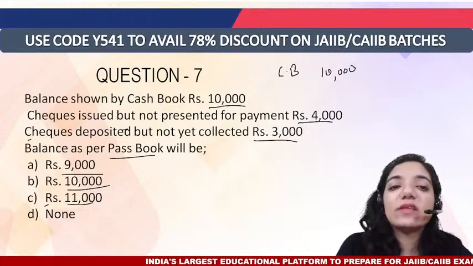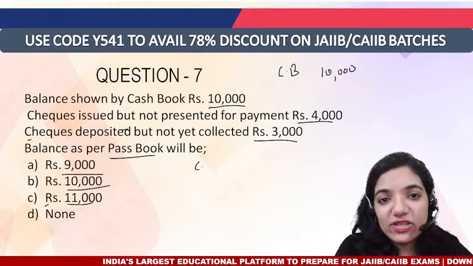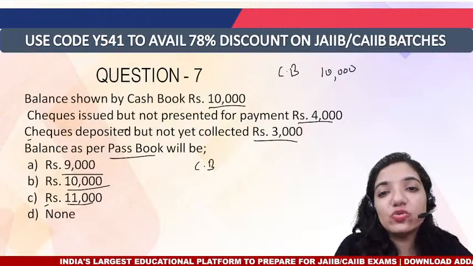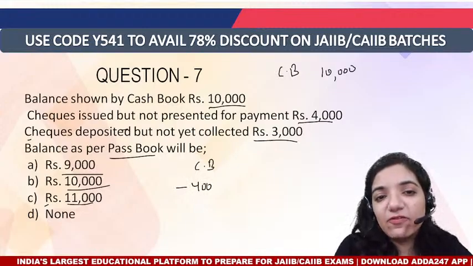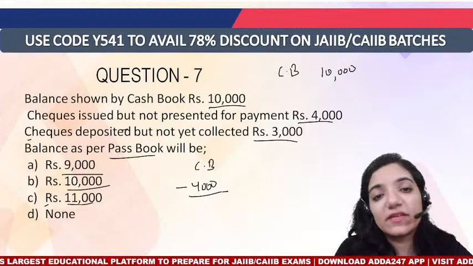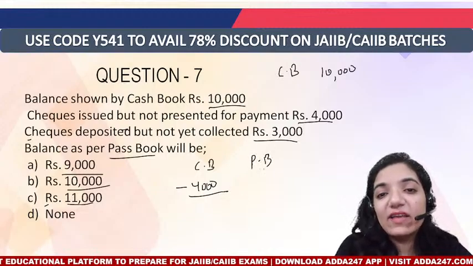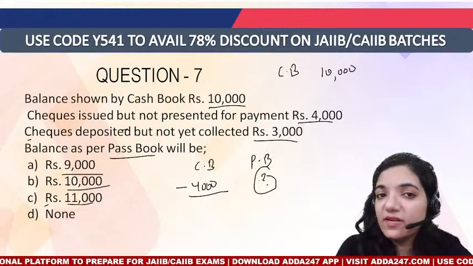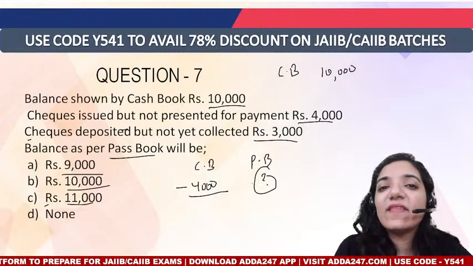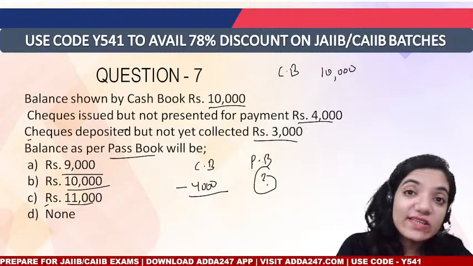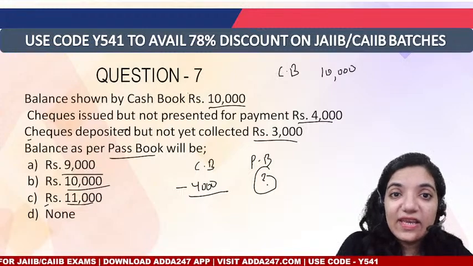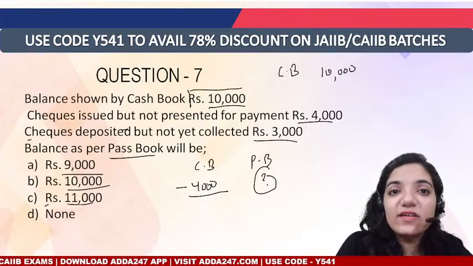Cash book realized that there are certain checks which the cash book has issued. The cash book has been thinking that 4,000 is already deducted. But the passbook said, I have no clue about this because there is nothing like that that has happened. So since the cash book balance is given, it has to run towards the passbook.